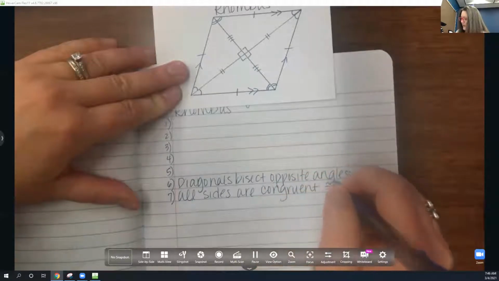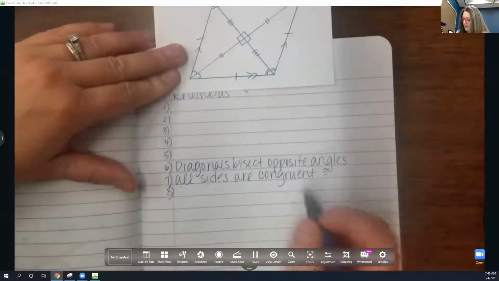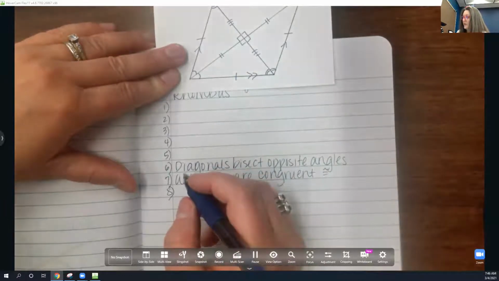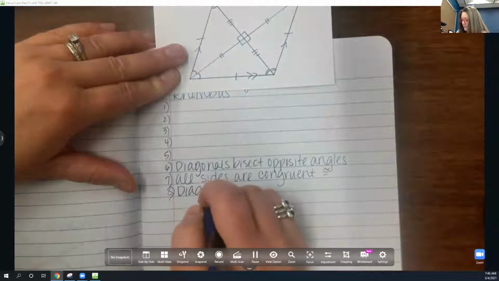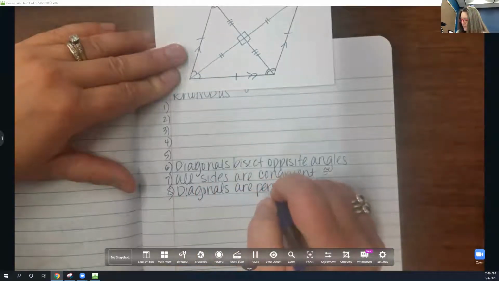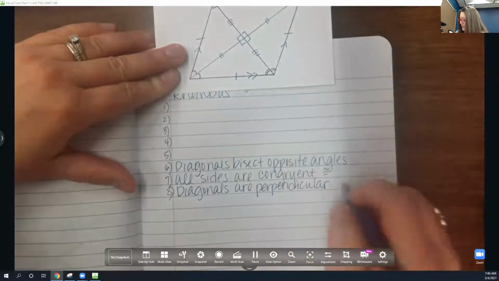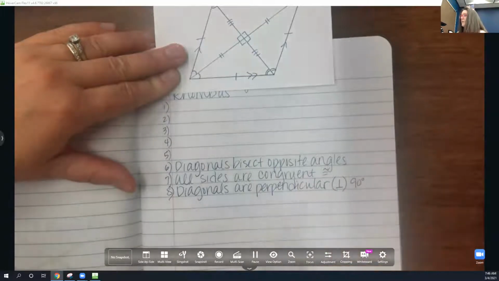That means they are equal in measure. And then that last one is that my diagonals intersect to form 90-degree angles. So diagonals are perpendicular. That means they form a 90-degree angle in the middle, 90 degrees, right?